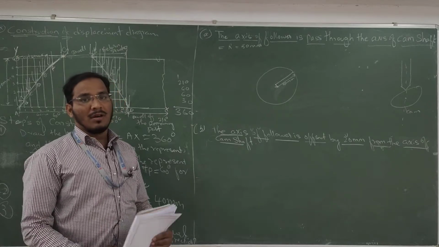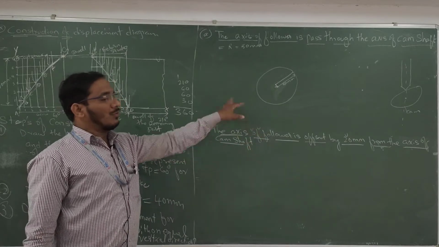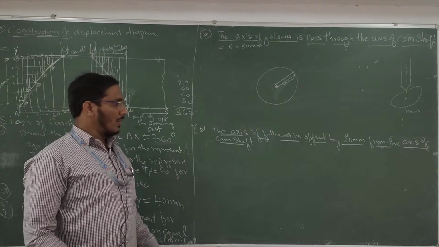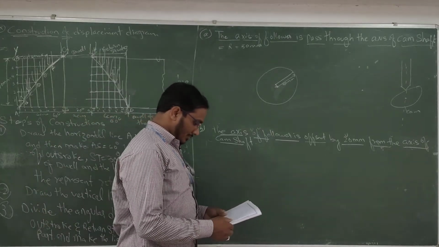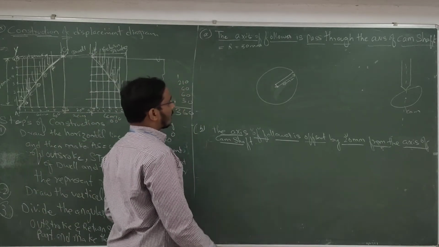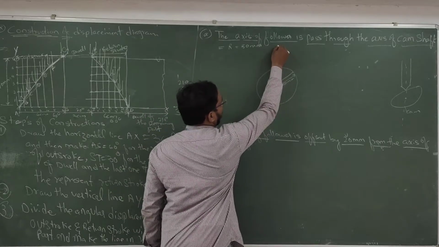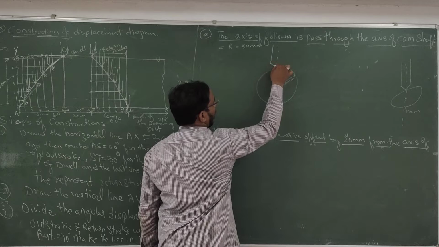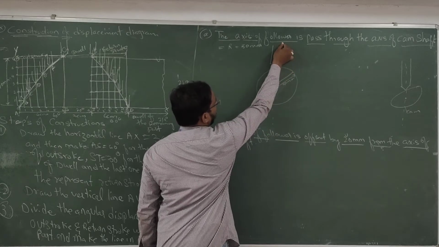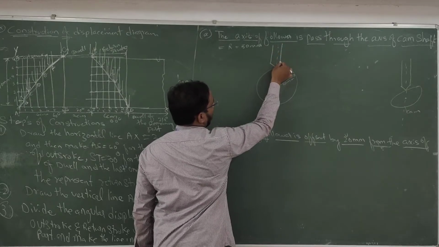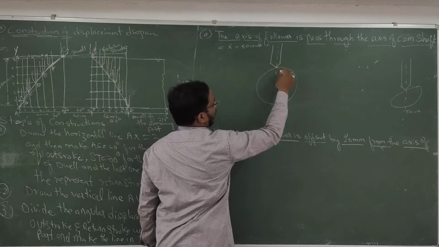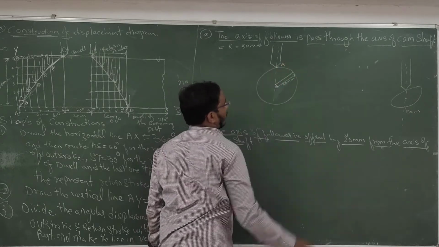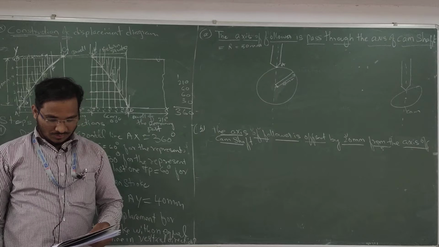So from this point we have to draw the cam profile. This is your axis and this is your cam, and we represent this point as A.